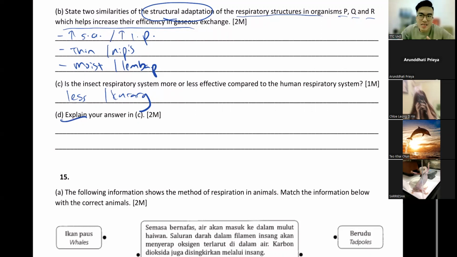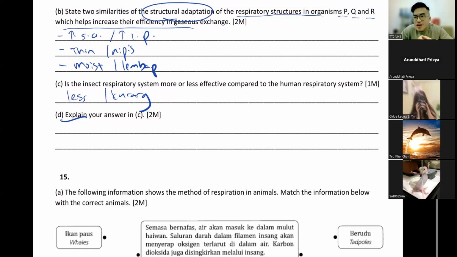Because they have a small body. They have less body cells, right? When you have less body cells to feed, you don't need such a good system. Guys, this is a bit of next chapter, but let me tell you. Imagine you are a grasshopper, you are like a small bakery.